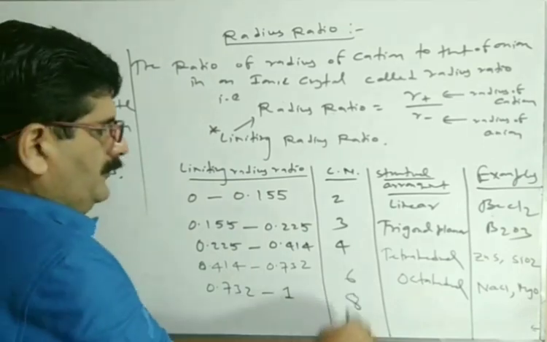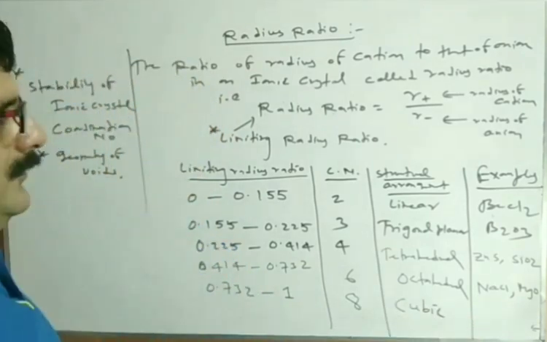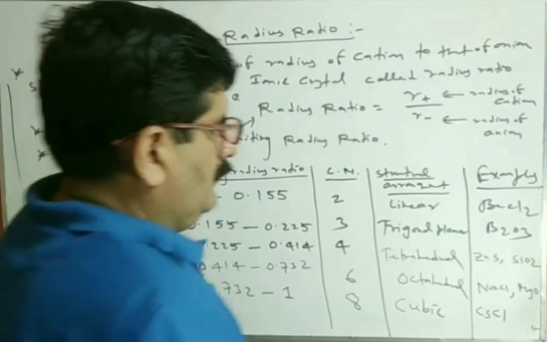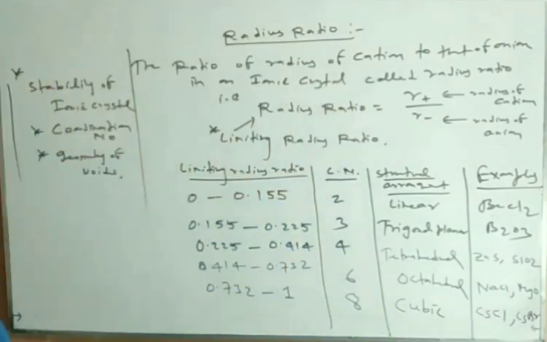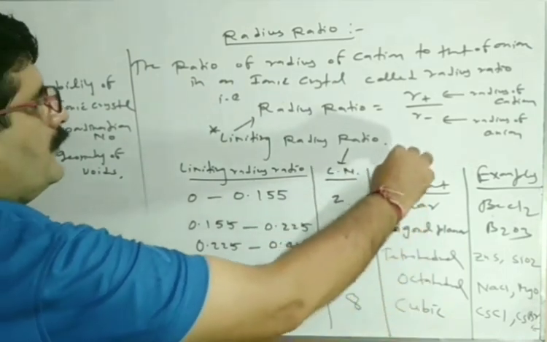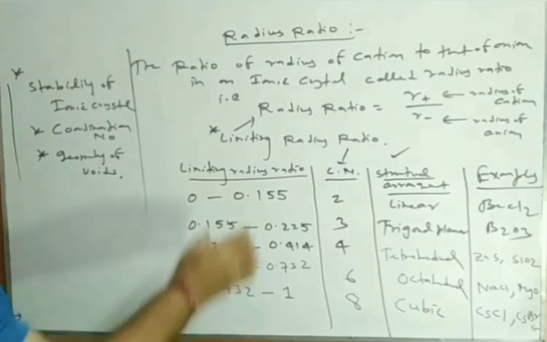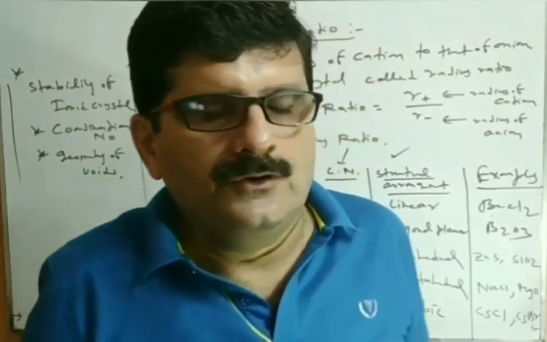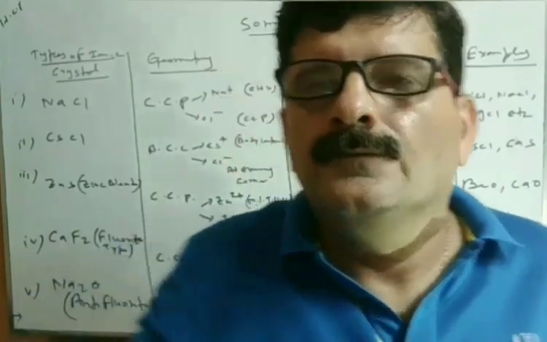Coordination number 8, geometry, cubic. You can write cesium chloride or cesium bromide. So if coordination number is known, you can predict the structural arrangement. With the help of limiting radius ratio, we can find out the coordination number for any crystalline substance.